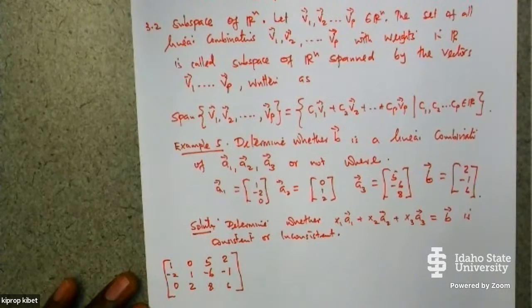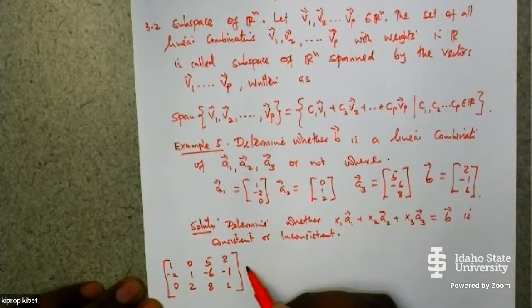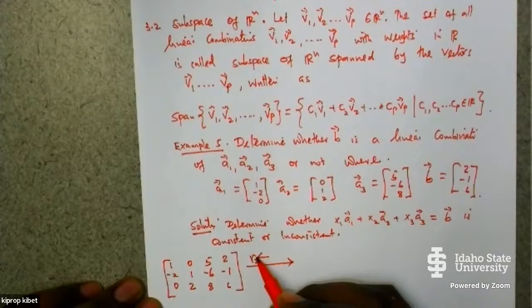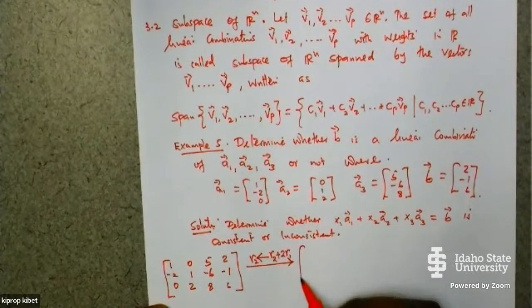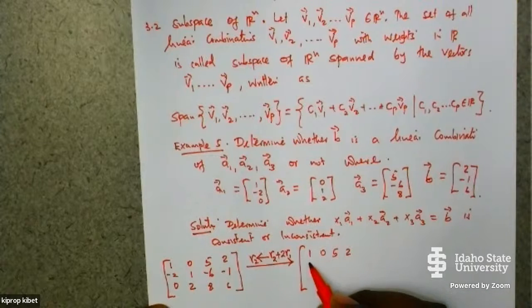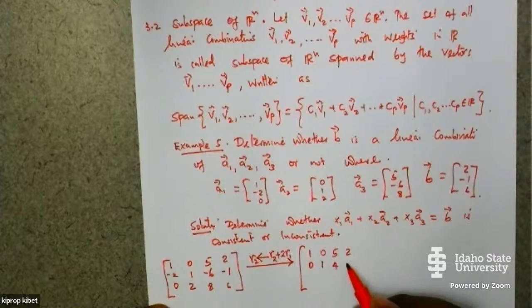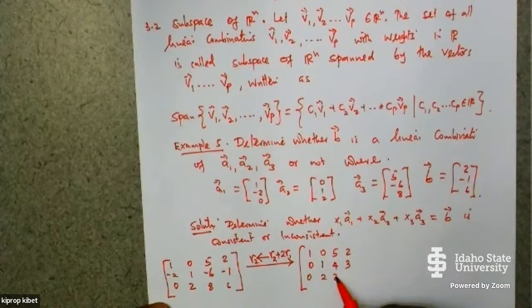They have already done this for us. We reduce the entry in the first column of the second row, so our new R2 will be R2 plus twice R1. Then we have 1, 0, 5, and 2, then 0, 1, 4, and 3, and the last row is still the same, 0, 2, 8, and 6.